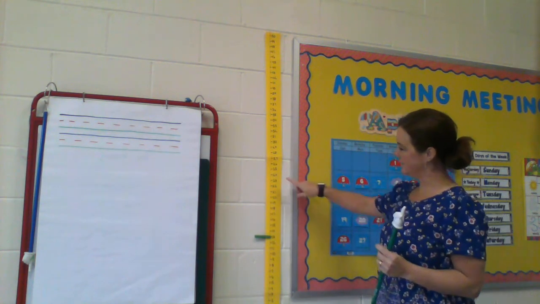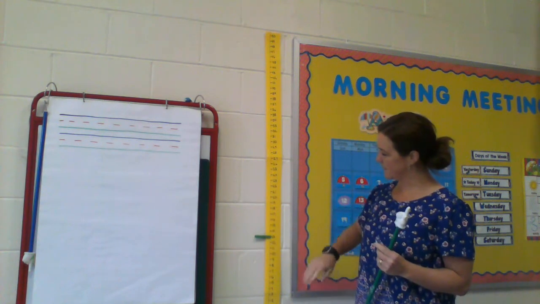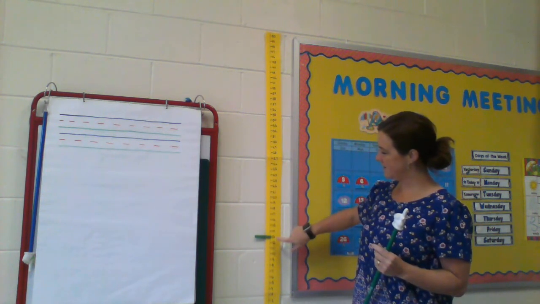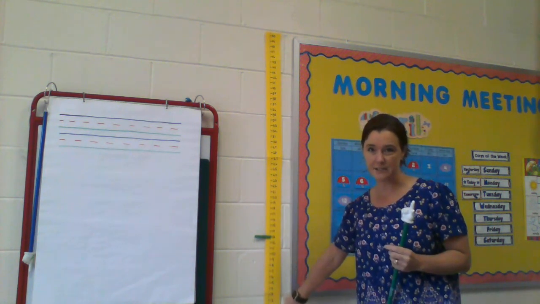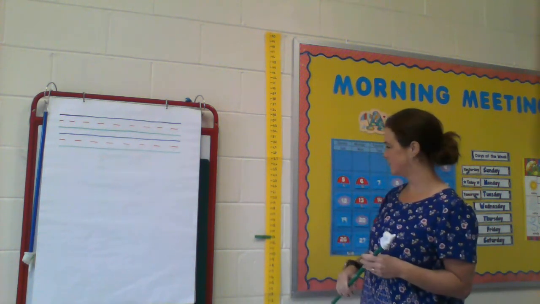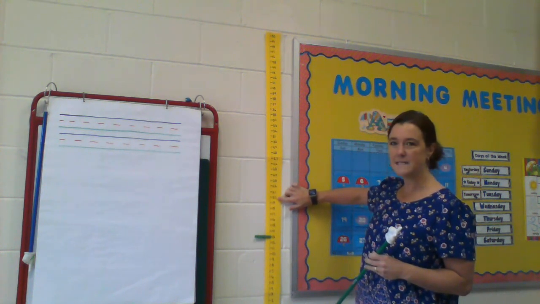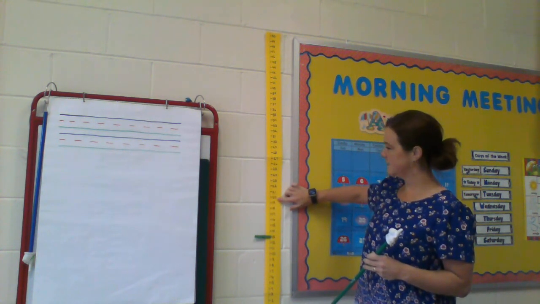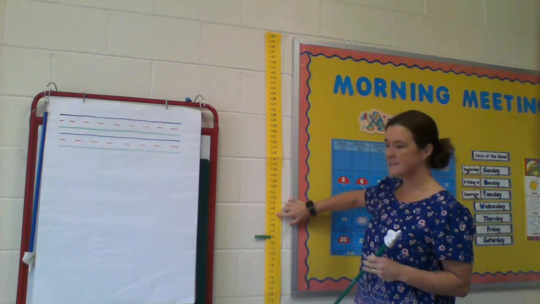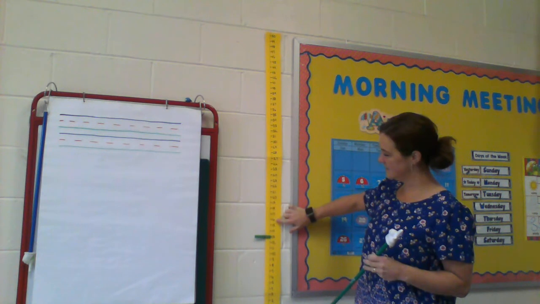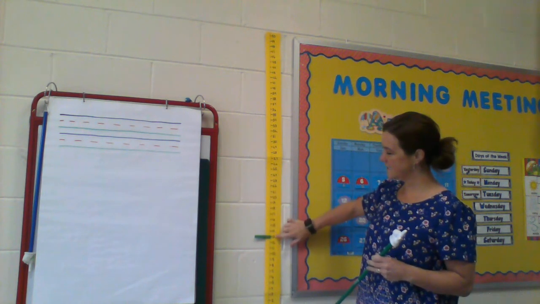We've also slid our clip all the way down to 13. We don't have very many numbers left, do we? Till our very last day of school. Let's start counting backwards. Let's start at 20. 20, 19, 18, 17, 16, 15, 14.